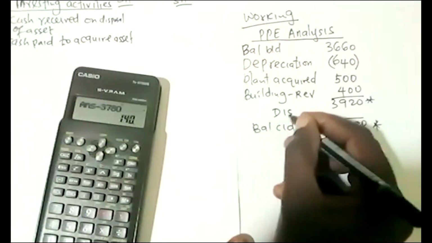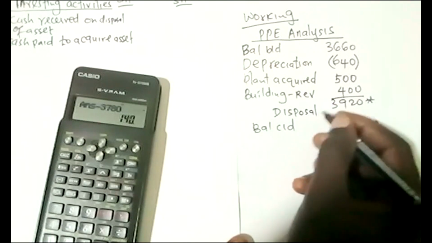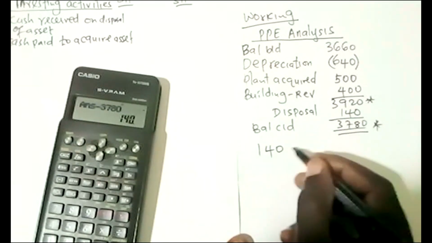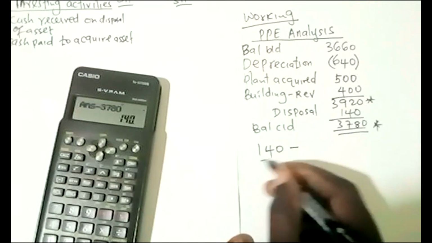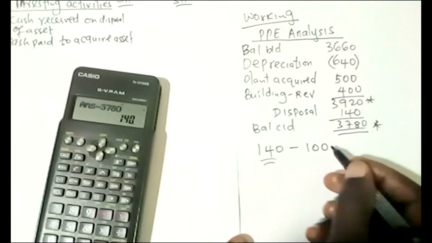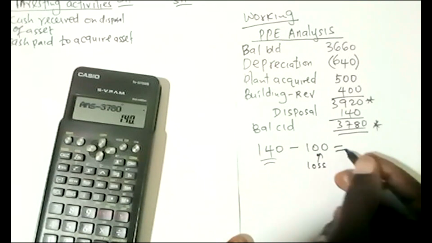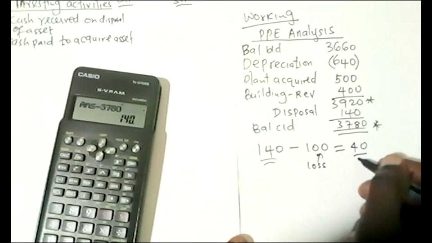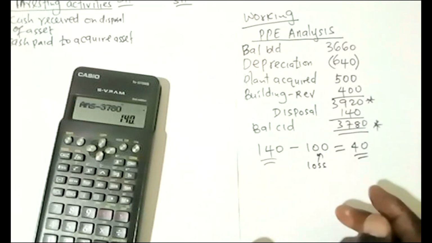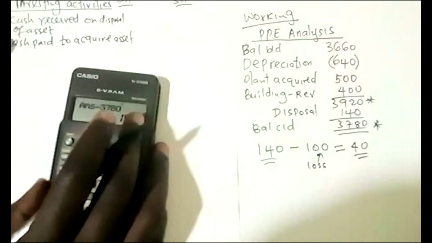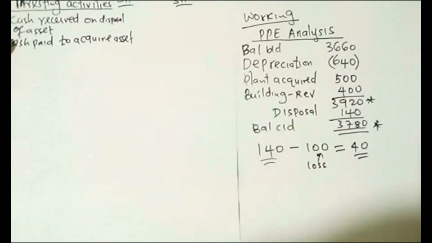There's a disposal of an asset by 140. But once they disposed at 140, they made a loss of 100. So what amount did they realize? 40. 40 is what we record here as cash received.